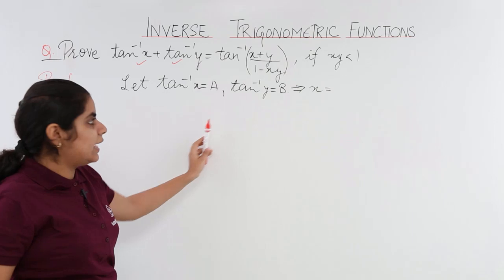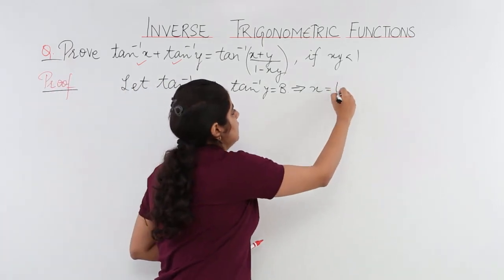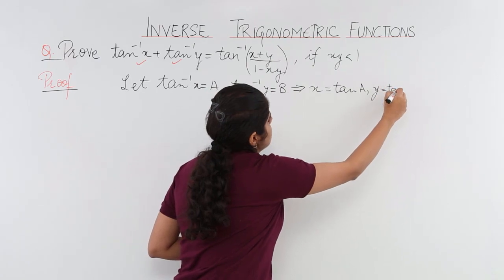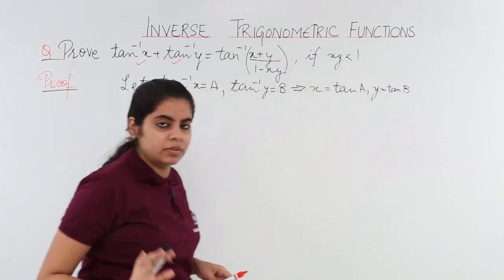Tan inverse goes there and becomes tan, so x is tan A. And y is tan B.